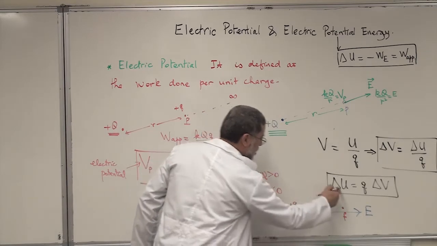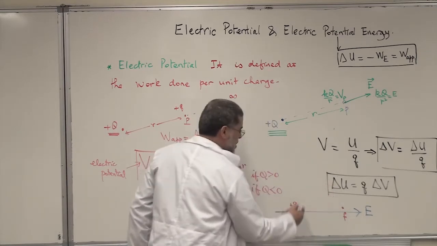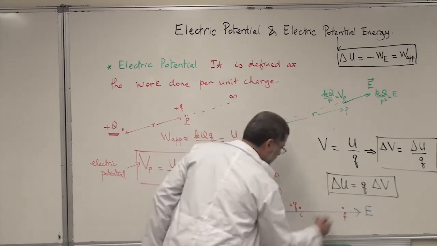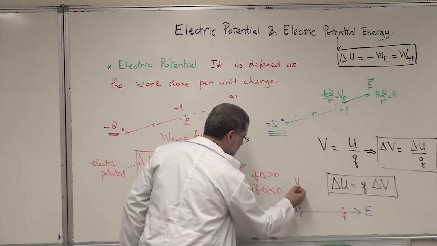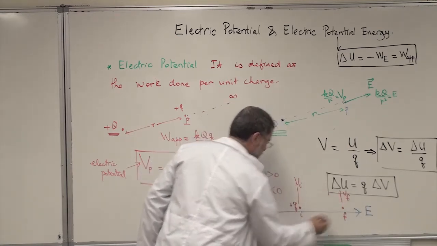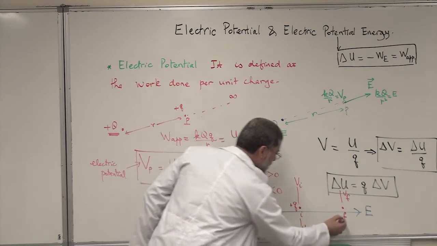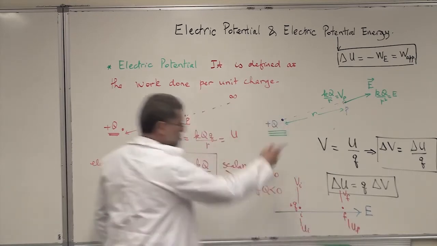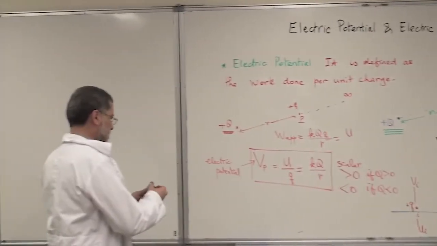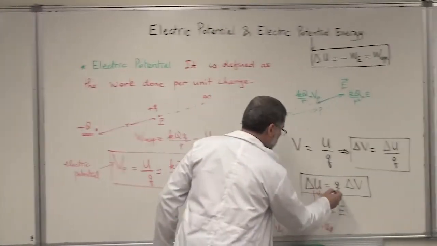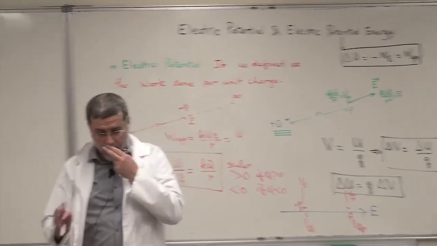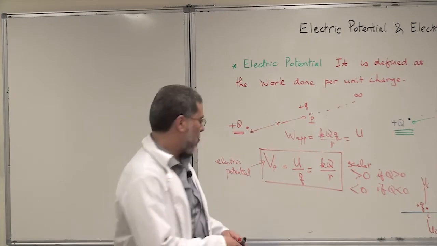So there will be a change in potential energy and a change in potential as it goes from here to here. Here is V initial, and here is V final, and here there is U initial and U final also, and both of them are related through this equation: delta U is q delta V. That's a very important equation.